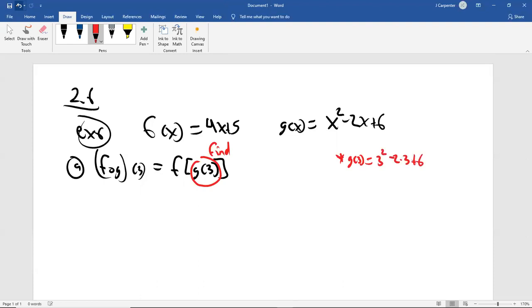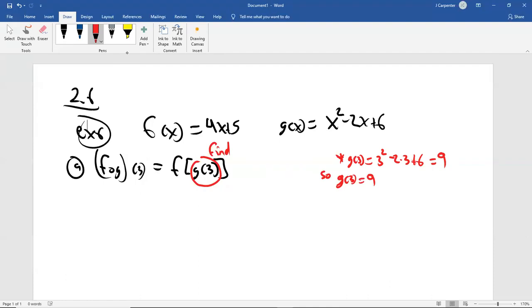How did I know not to plug it into f? Because it says g. Well, it says f here, Mr. Beckner. You're working right to left, though, student. The 3 squared is 9. The 2 times 3 is 6. The negative 6 and the positive 6 will end up canceling. So you end up just getting a 9 there. So g of 3 is equal to 9.